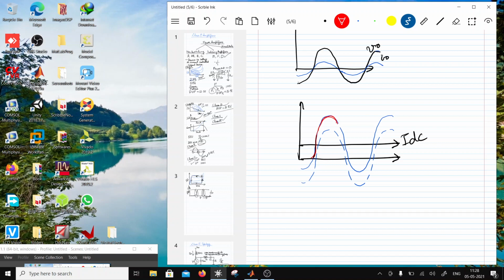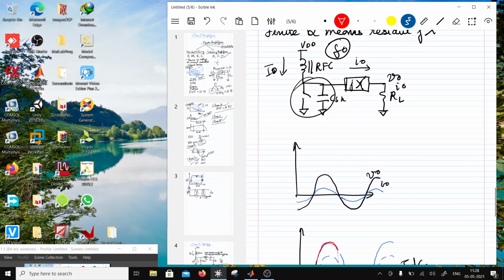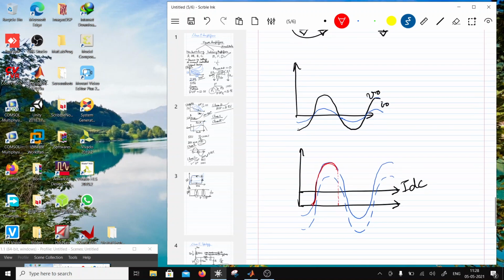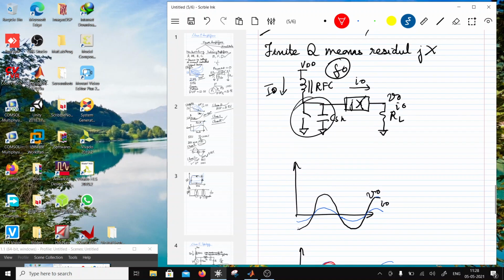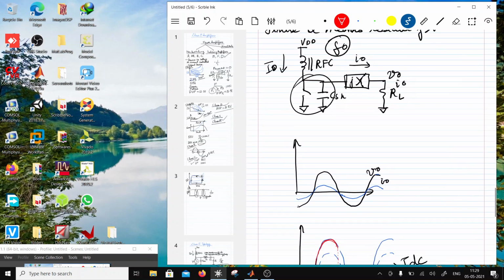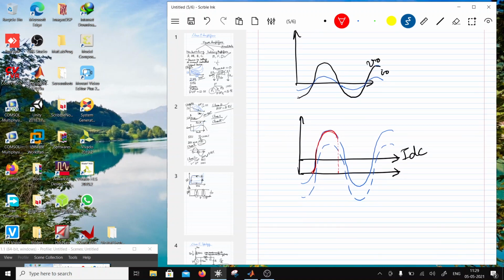The switch is on and this passes through. Initially when the switch is on, the current flowing through the capacitor is 0 because the switch is the least resistance path, so all the current is going through the switch, nothing is going into the capacitor. This red portion is all going through the switch.